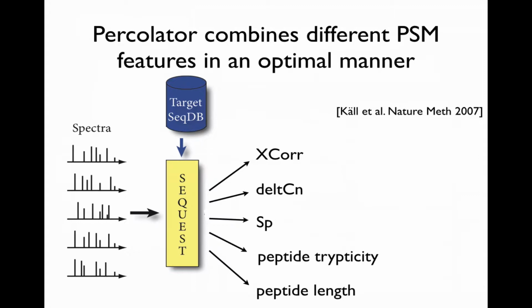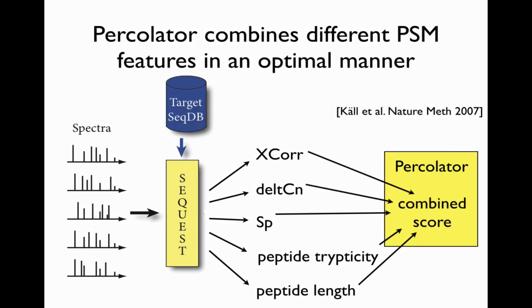Sometimes this involved other parameters as well, like the length of the peptide, if it was a long or short peptide or not, etc. And we just thought that it would be nice to combine all those different scores into one single score. And combining multiple different features into one single score, that's machine learning. That's what machine learning does for breakfast, right? We all do different feature combinations, and we want to make them optimal.